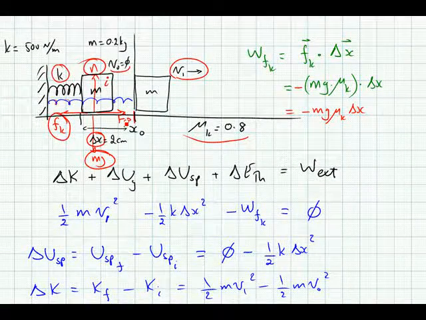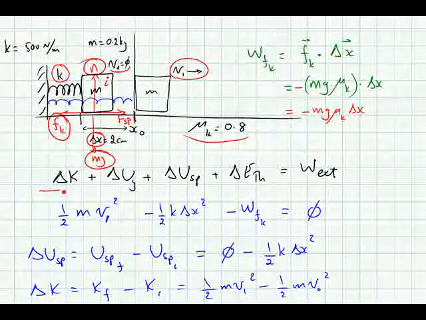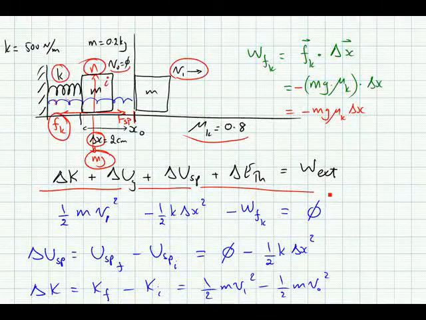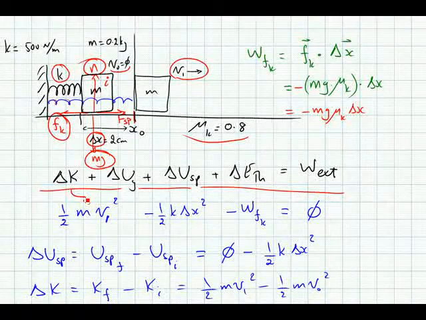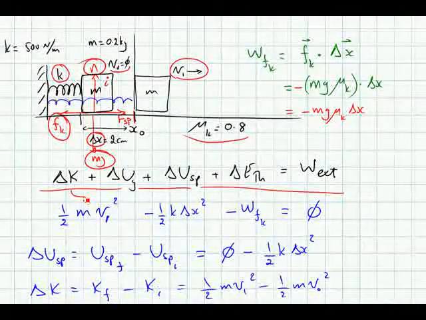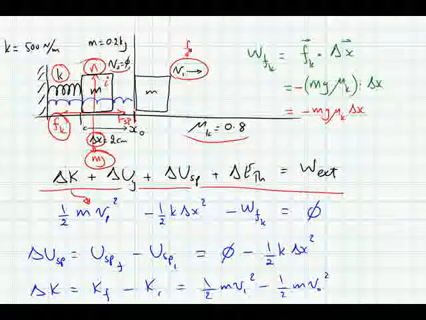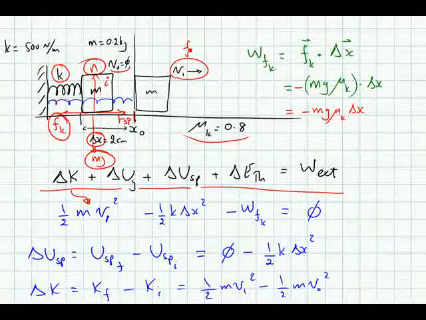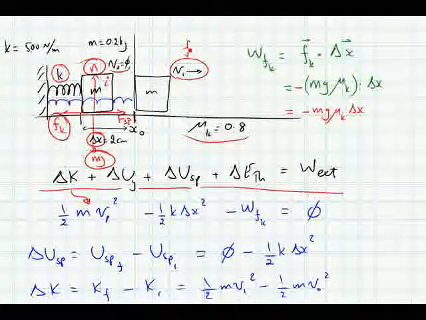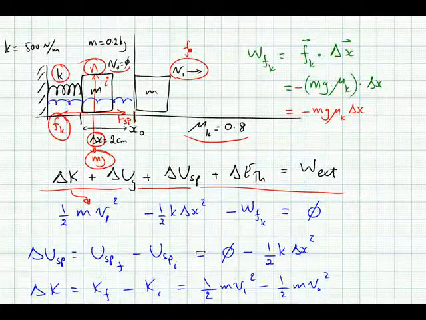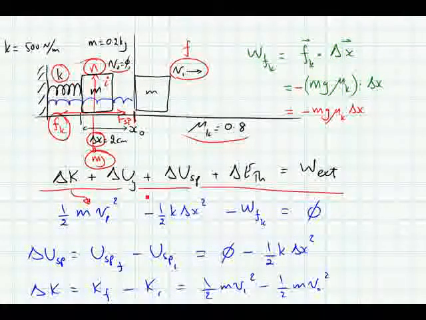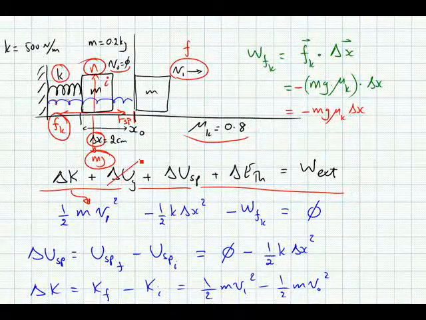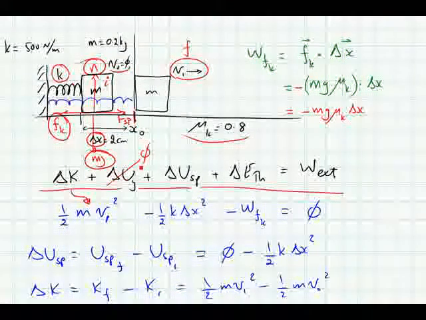Now our general expression is given here, where we have change in kinetic energy. Our change in kinetic energy is simply 1/2 of mass times velocity 1 squared. Velocity 1 is the final velocity that the object has just when it leaves the spring. Velocity zero, the kinetic energy at the initial state, is 0, of course. Now the change in gravitational potential energy is 0, so we don't need to consider that.